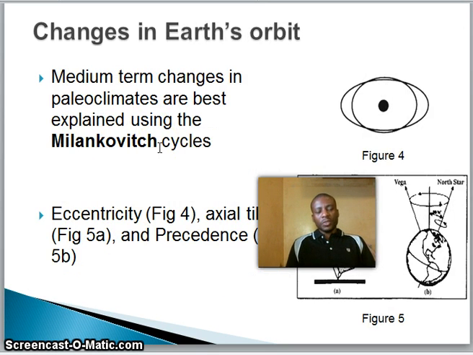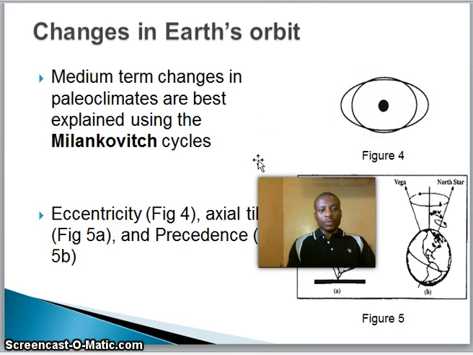The other theory, put forward by Milankovitch to explain the driving forces of paleoclimates, is about the cycles of eccentricity, axial tilt, and precession. Milankovitch said that eccentricity is the deviation of the Earth's circular movement around the Sun, which we can see is more elliptical than circular.